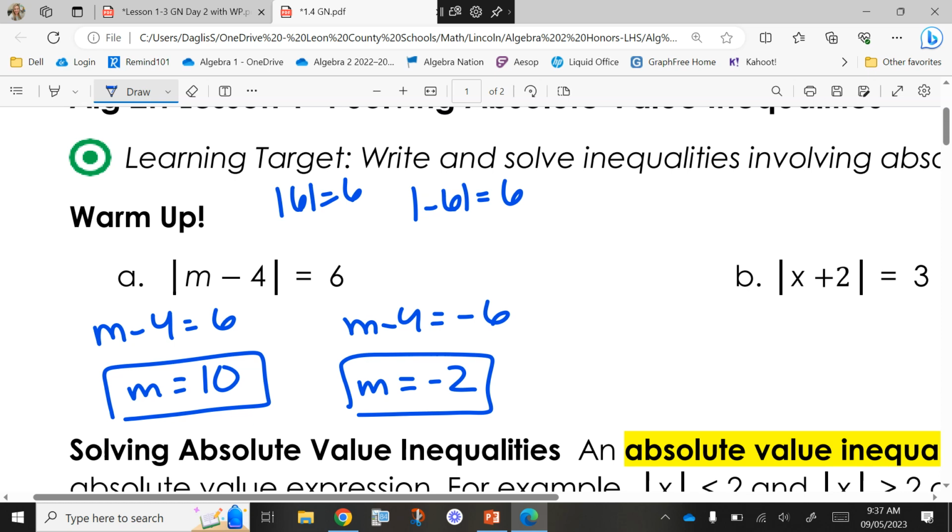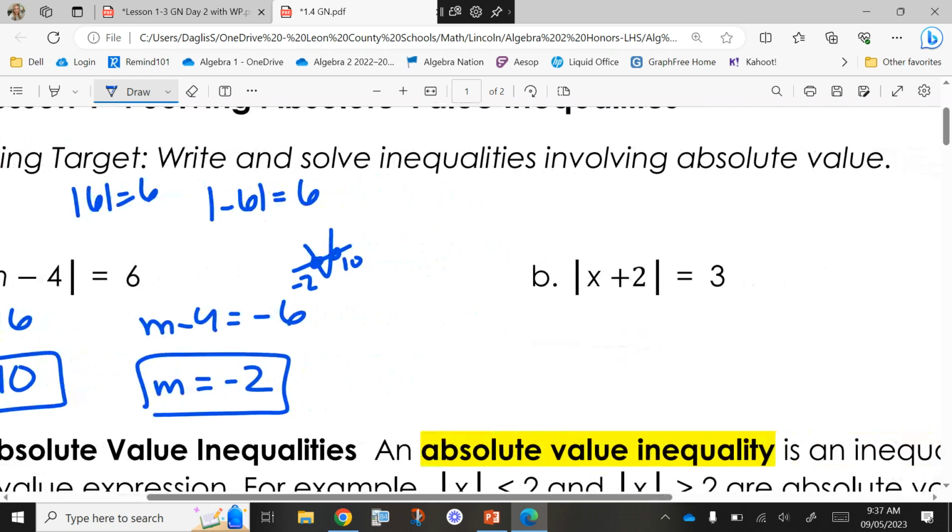Yeah, that would make sense. Okay. So this is like little bonus content for you. This is crossing the x-axis at negative 2 and 10. That's essentially what that's showing, which we'll need to know tomorrow. Okay, so when we're solving here, we're solving for two different values, two different x-intercepts.